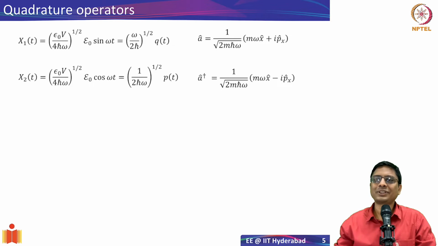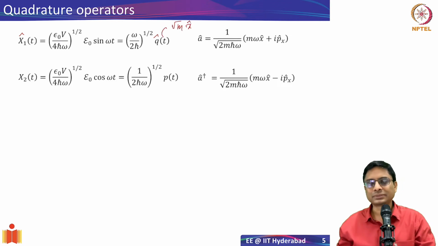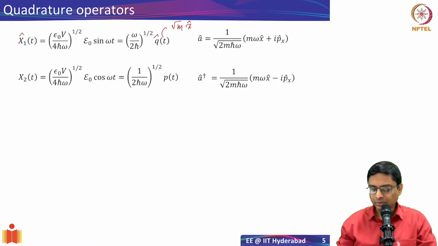Wherever I have the classical expressions, I'll simply put a cap on it and call it an operator. So x1 is going to depend on the Q cap, where Q is the square root of m times x cap. Similarly, x2 is going to be related to the momentum operator.